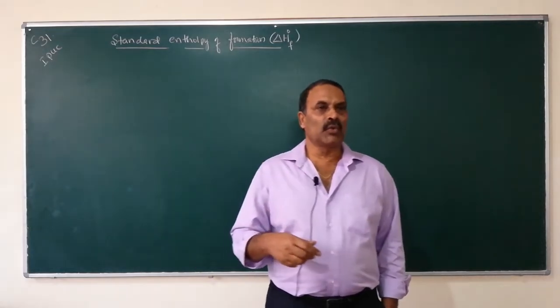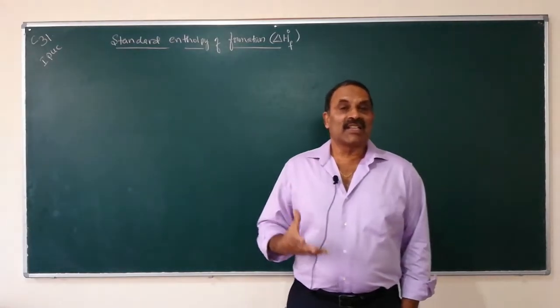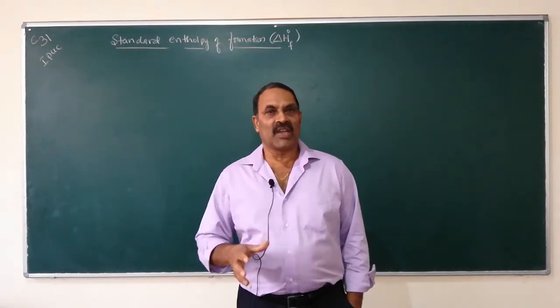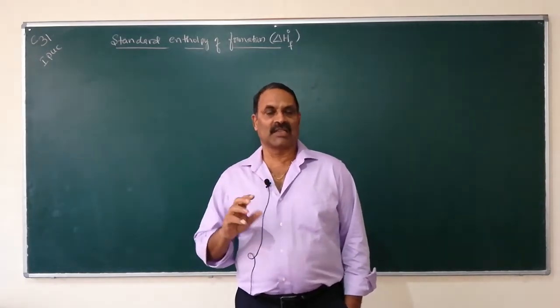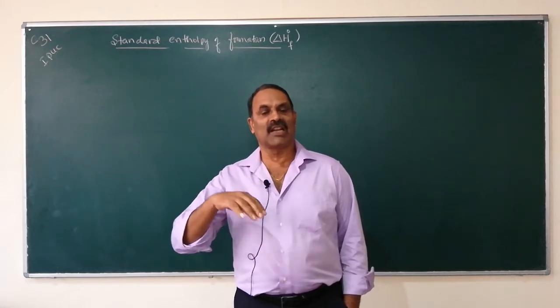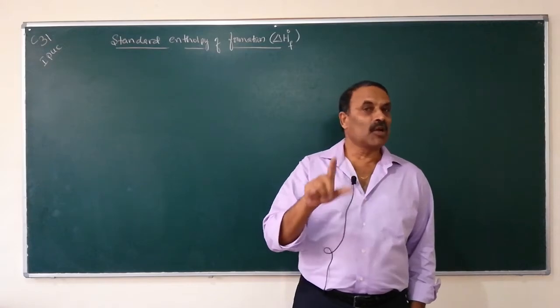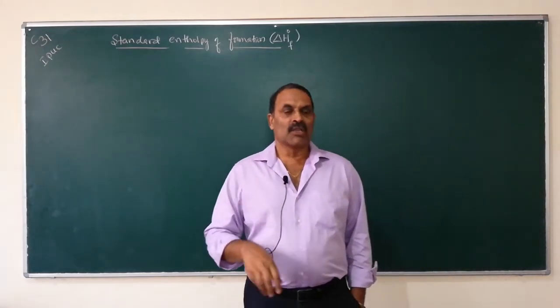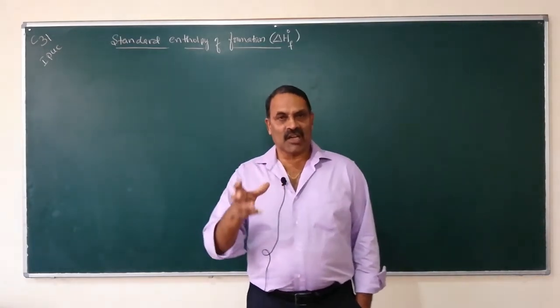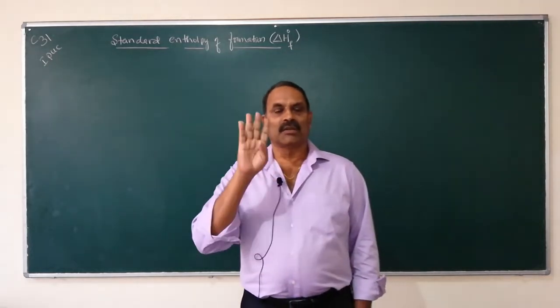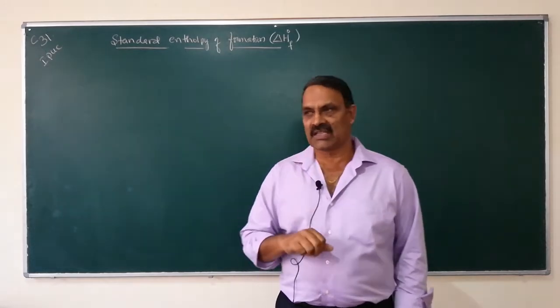And then coming to the factors which affect enthalpy of reaction, the amount of heat liberated or absorbed during the reaction is called enthalpy of reaction. So, the amount of heat liberated or absorbed depends upon the following 4 factors.